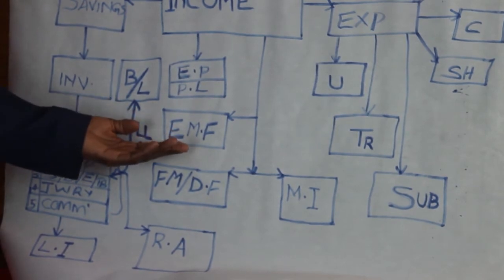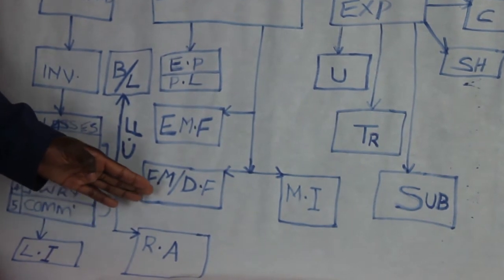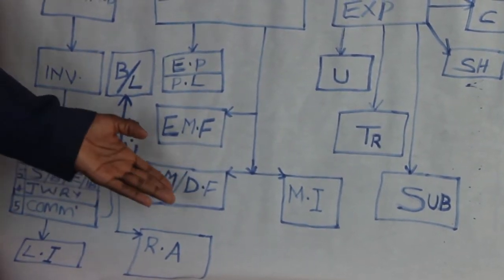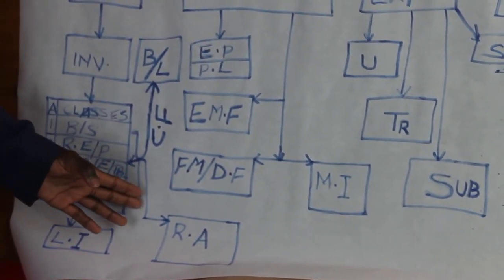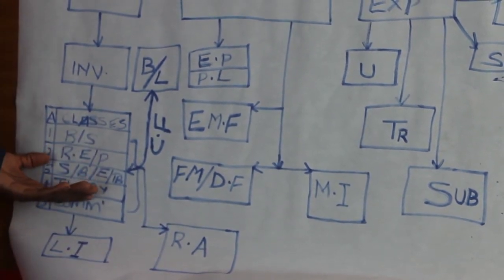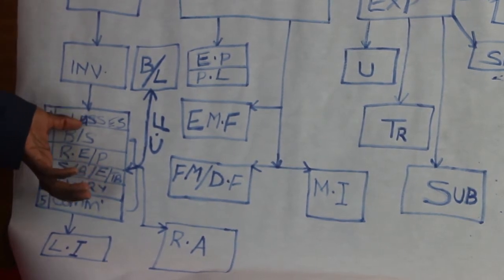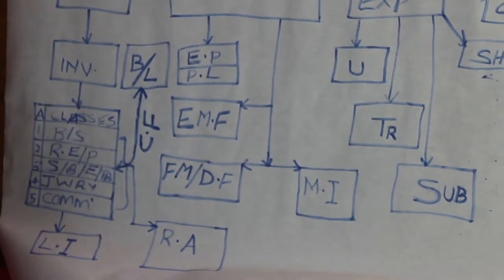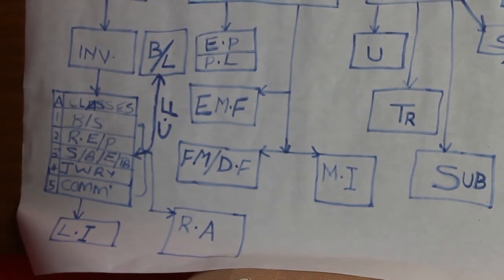Then we have an emergency fund, a fun money fund, or a donation fund for that matter. And we also have a retirement account, which you can build by taking percentages of what you earn from your assets. Then down here we have life insurance for protection purposes.